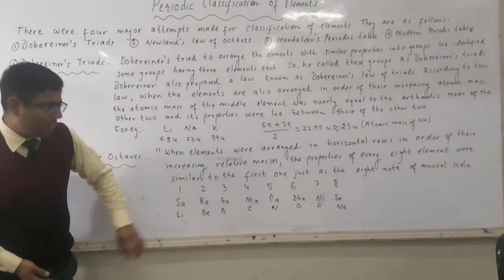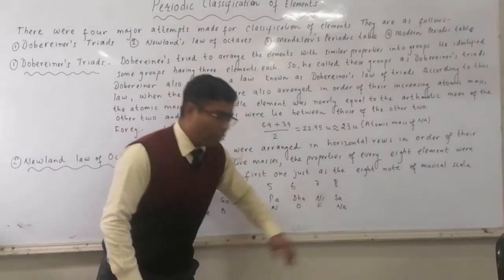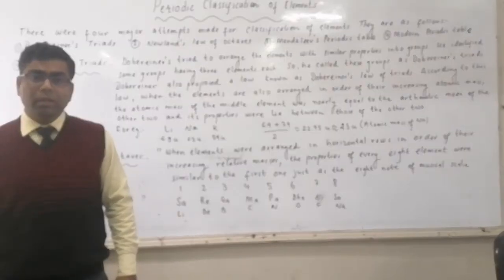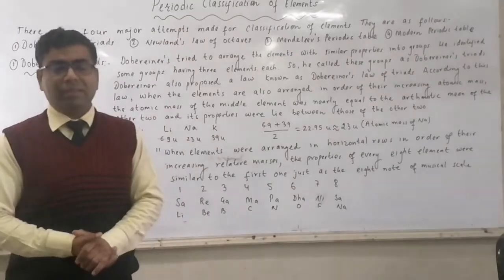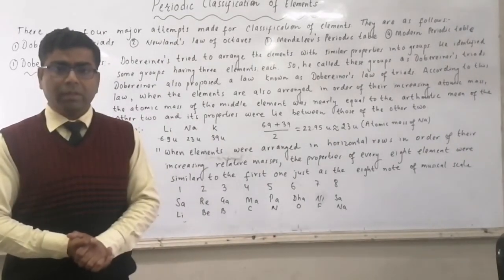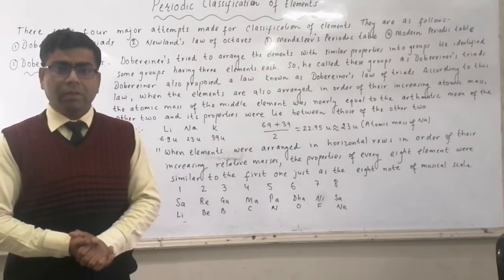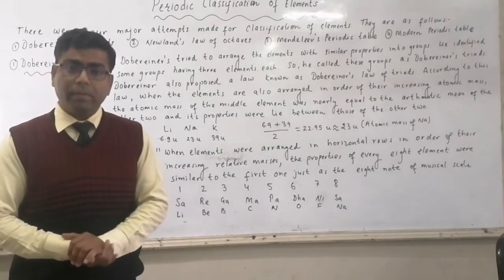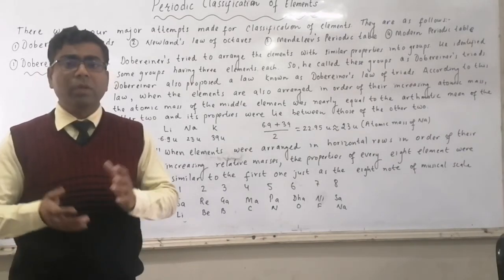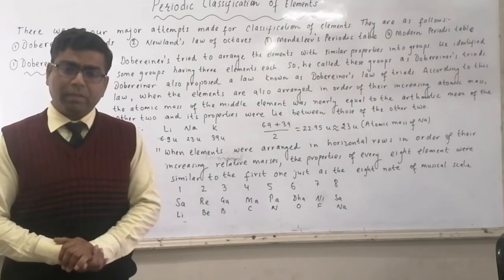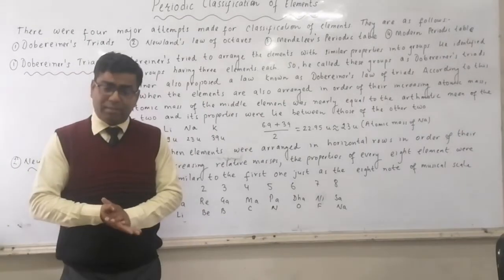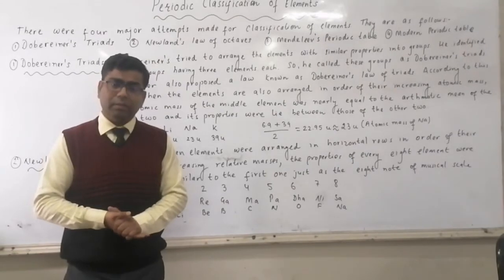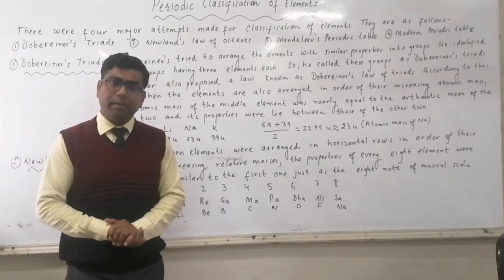So the first, that is lithium, and the eighth one, that is sodium, will show similar properties. So that's how this rule came into existence. But Newlands was not able to arrange all the elements in this manner. That's why it was also a failure.